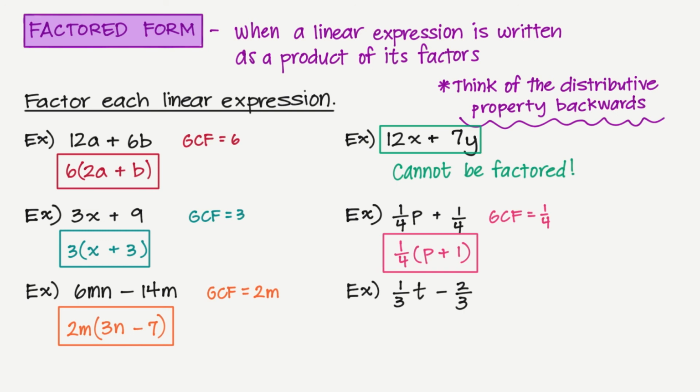And then my final example here is 1/3 t minus 2/3. They each have a 1/3 in common, but they don't have a variable in common. So I'm just going to factor out the 1/3. And when I do that, I am left with t minus 2, because 1/3 times 2 is 2/3.